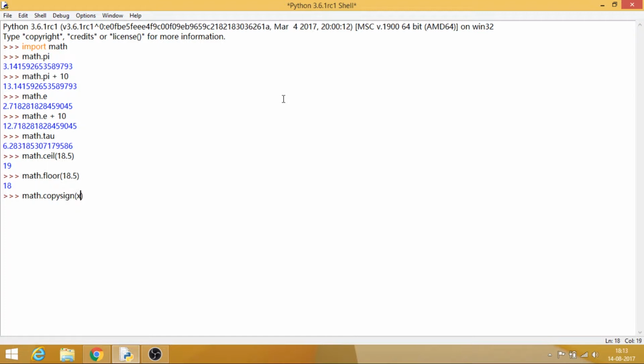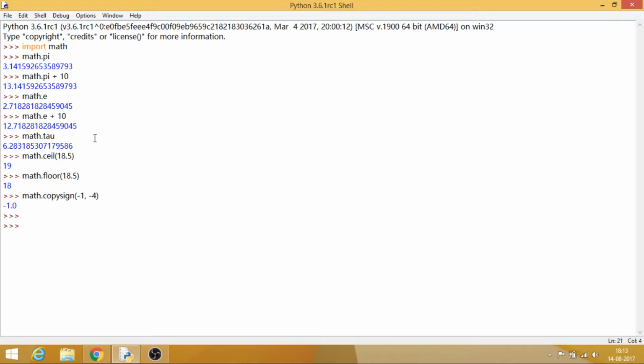Now the next I would like to tell you is something known as math.copysign. This takes two parameters, x and y. The x over here is the absolute value in the form of float, and the y returns the sign in the form of float. So let's give it a try. Let's say -1 and over here -4, and it says -1 because it uses the sign of y.